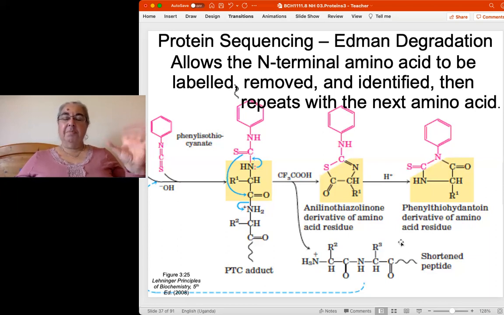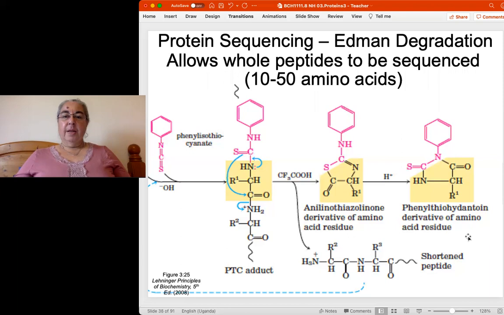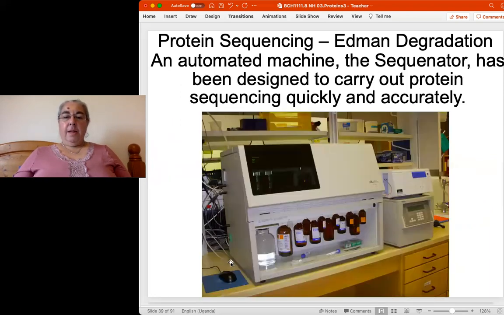But up to about 20 amino acids, we can find out a sequence using this method of Edman degradation. Okay, so whole peptides from 0 to 50 amino acids can be sequenced using Edman degradation.